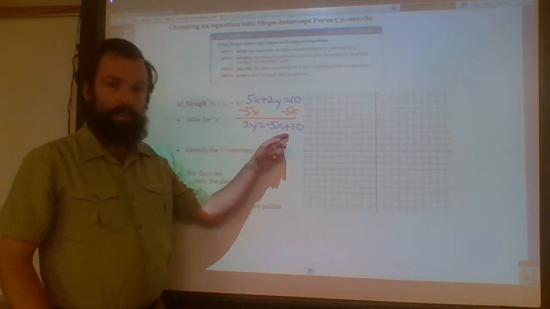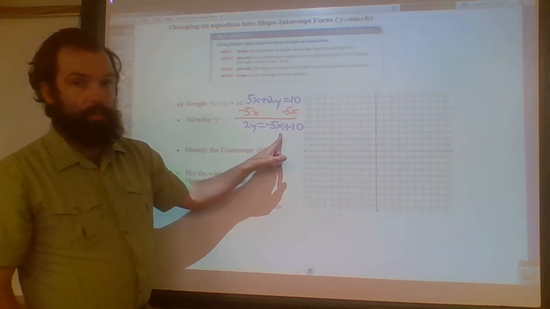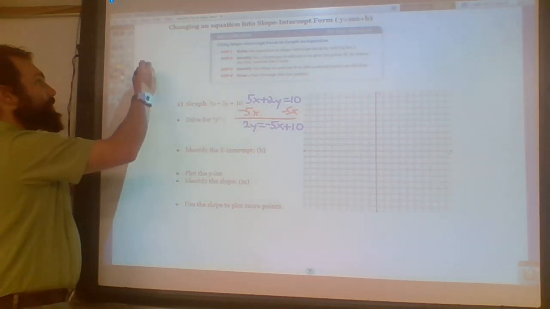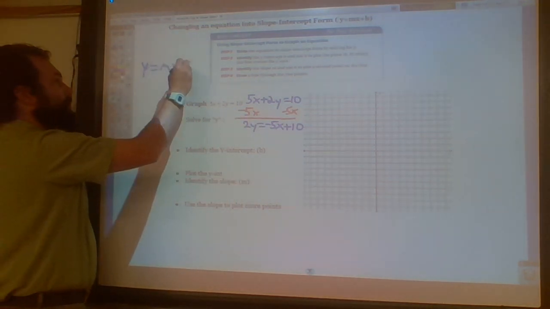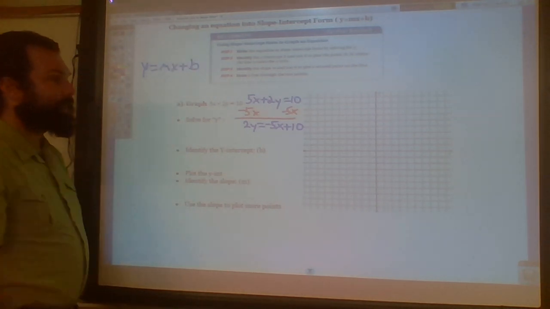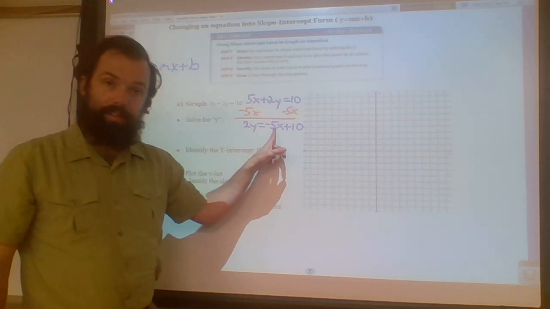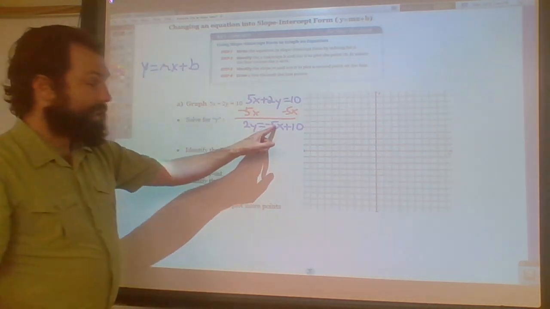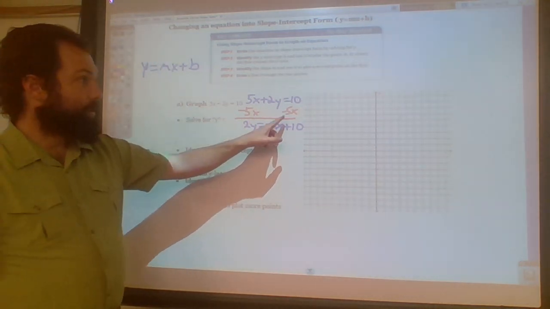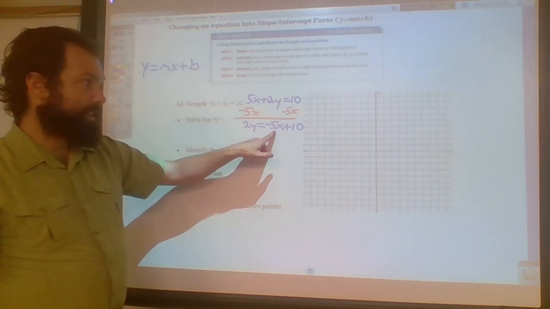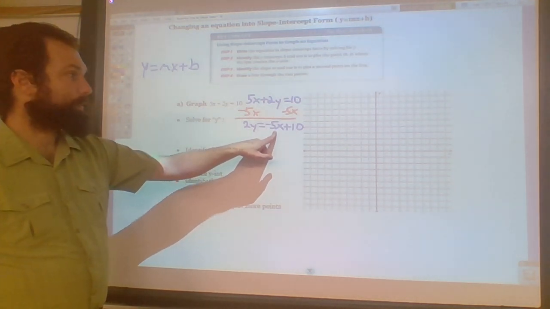And when I'm solving it, I'm writing it with the x term first on the right side because I want it to look like y equals mx plus b. While it would be correct to write 10 minus 5x, it would be the same. I want the x term first. So when I subtracted my 5x, that's why this is a negative 5x.